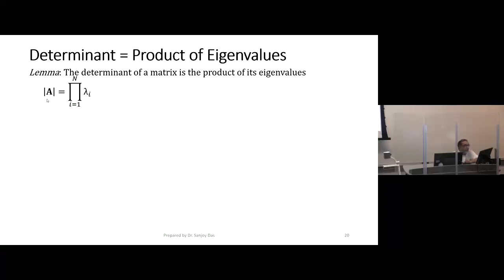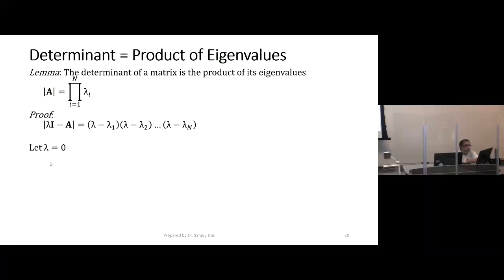So the determinant of A is the product of the lambda i's. Proof. I'm using unique indexing here, lambda 1, lambda 2, until lambda n. Now, this is my characteristic polynomial. I can express my characteristic polynomial in this manner. And lambda here is the variable, and the roots are lambda 1, lambda 2 until lambda n.